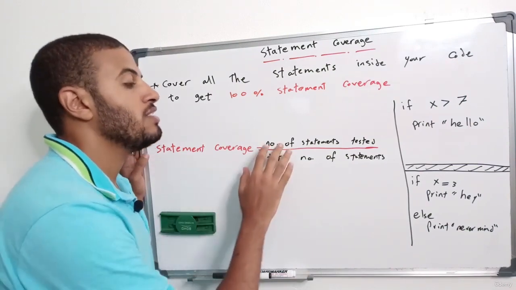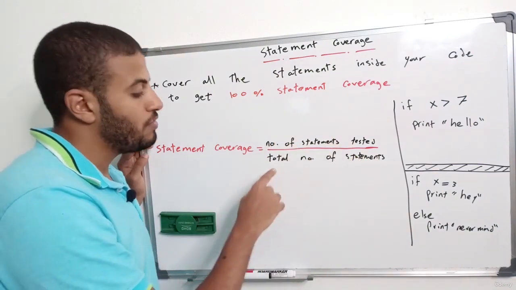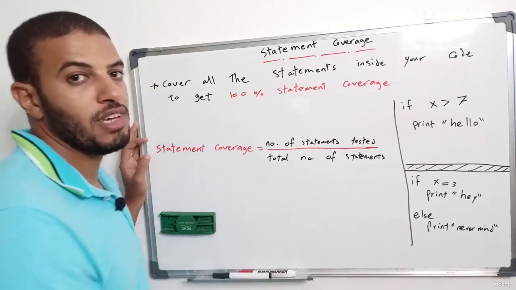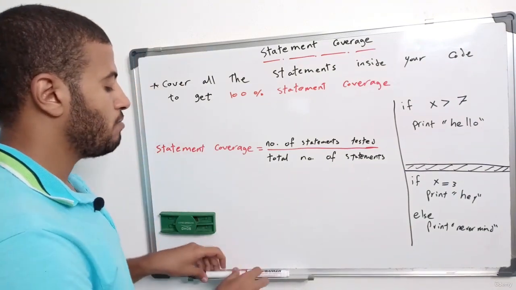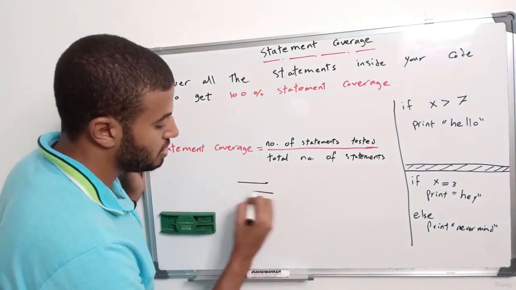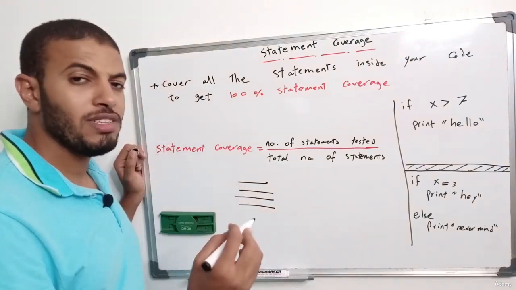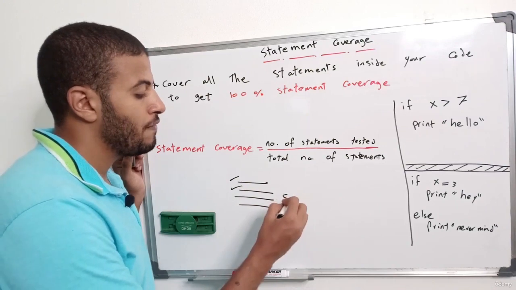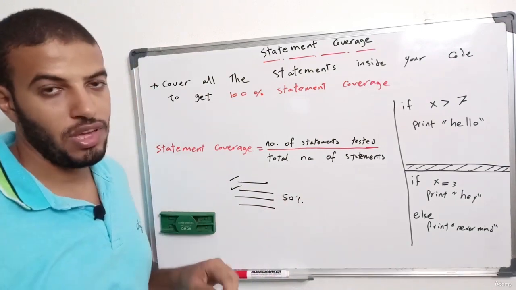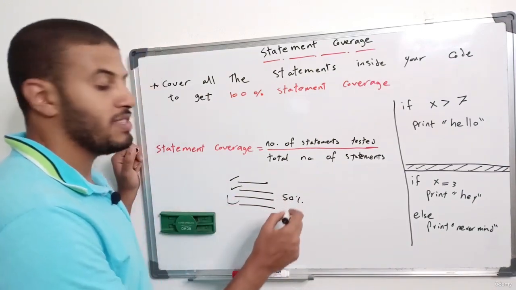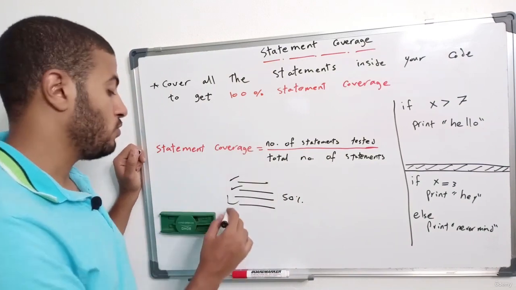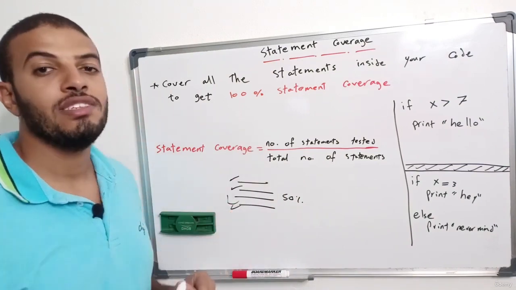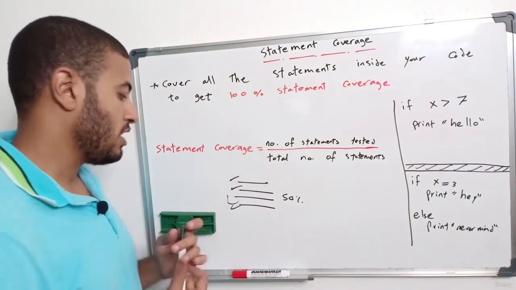We divide the number of statements tested by the total number of statements in our code. So for example, if my code contains 4 statements and my test case passes through the first 2 statements, this is called 50% statement coverage. If it passes through 3, this is 75%, 3 divided by 4. If it passes through the 4, this is called 100% statement coverage.